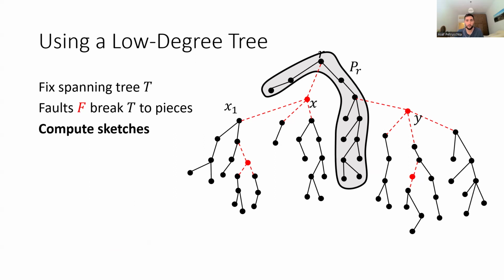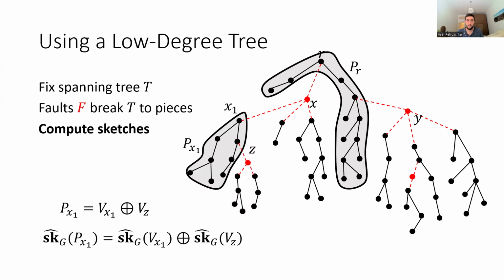So let's quickly do another piece, the one that is rooted in the child of X, which we denote here by X1. So again, we start by considering all its descendants, and then we look for this faulty vertex Z beneath it. And the piece rooted at X1 consists of the descendants of X1, which are not also descendants of Z. So we can express this piece as the XOR of VX1 with VZ.